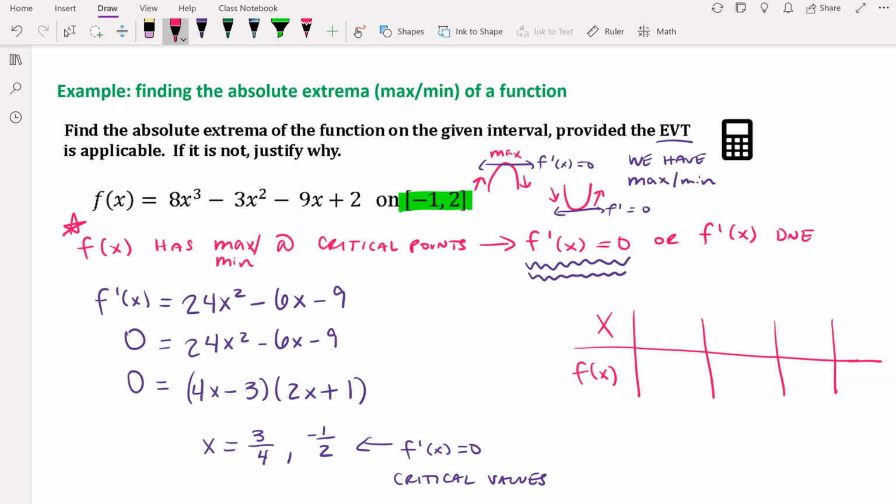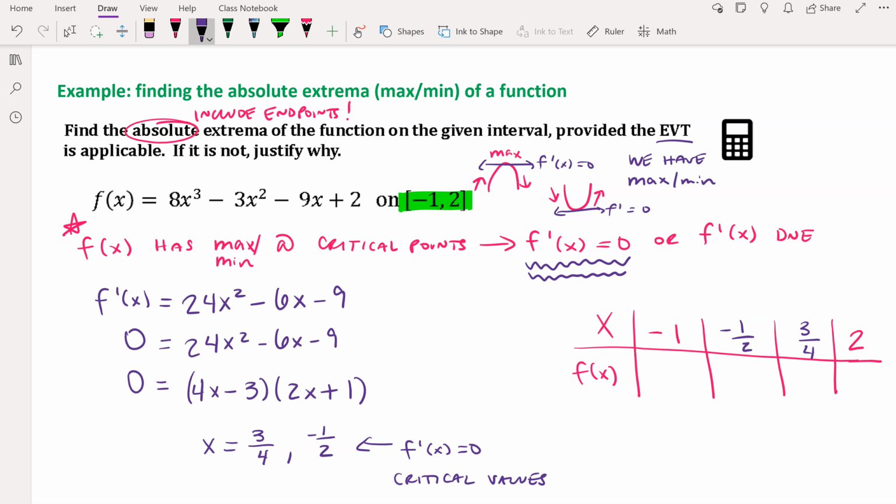Because we're looking for an absolute max, we need to include endpoints. And then we also look at where f prime equals 0, the critical values we found down here, -1/2 and 3/4.